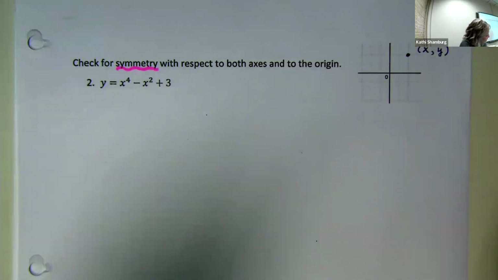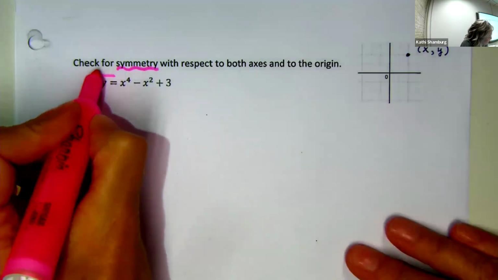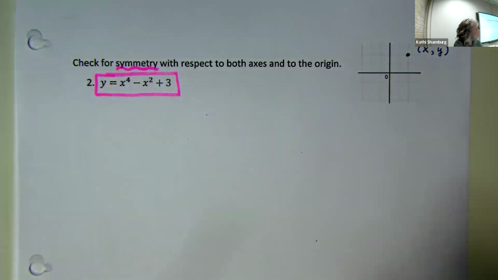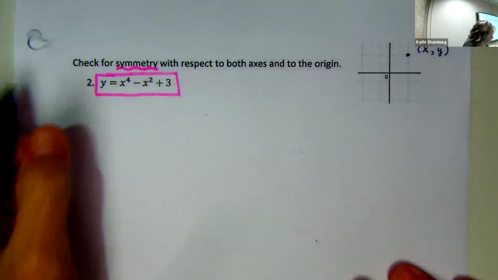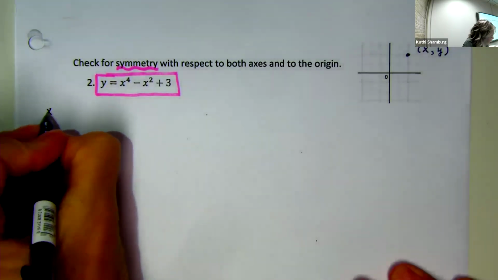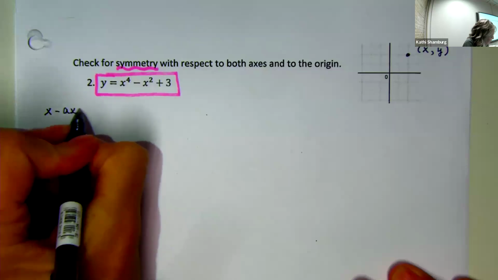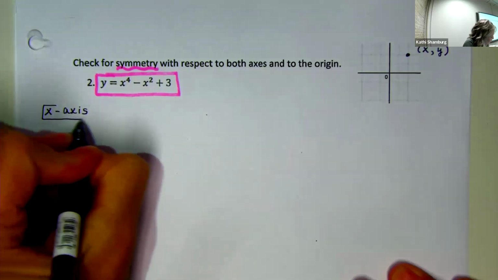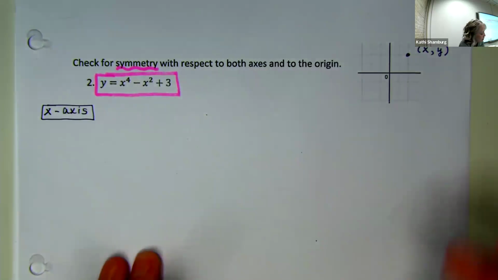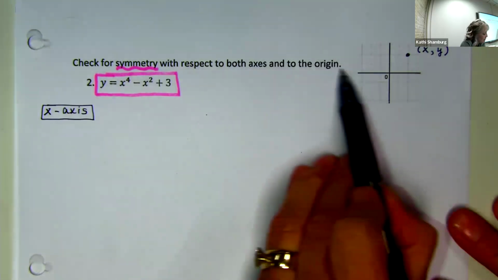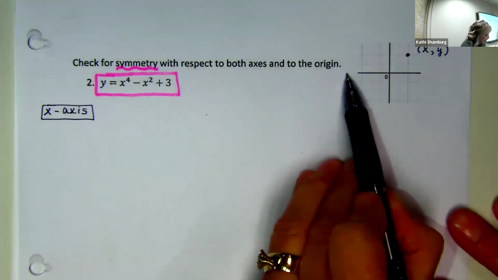All right, here is the equation we're checking for symmetry. The first thing that we're going to do is check to see if it has symmetry with respect to the x-axis. Here's my ordered pair, and here is my x-axis.